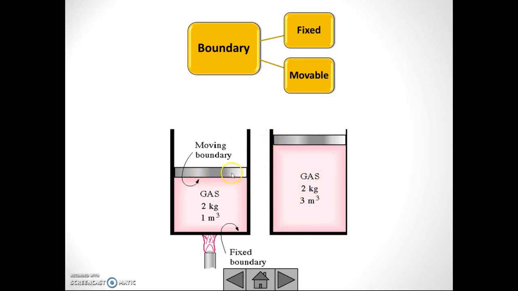Okay, so it means the lid of the piston will move to the top, and so this is what we call as moving boundary. The boundary can be moved up and down. Okay, this is moving boundary, and this one is called as fixed boundary. It can't move. Okay, so that's the difference.